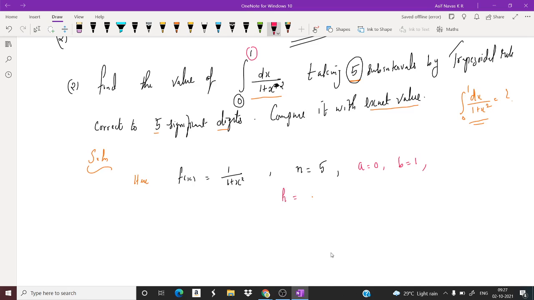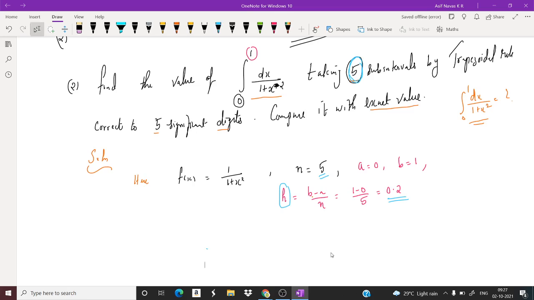We know that h is equal to b minus a by n, so that is 1 minus 0 by 5, that is equal to 0.20. So we have found h. We are given that we want to do it in 5 subintervals, therefore n equal to 5, and we found h.